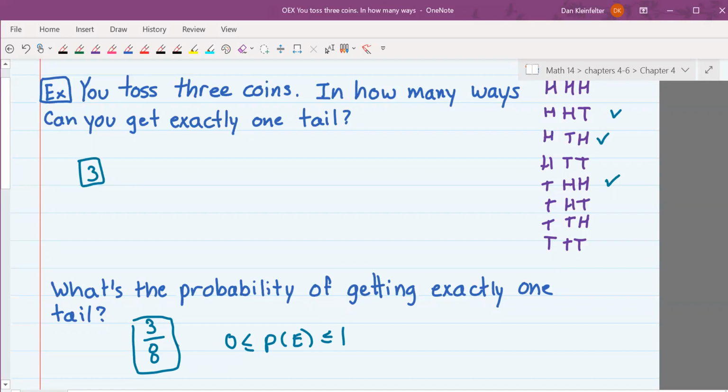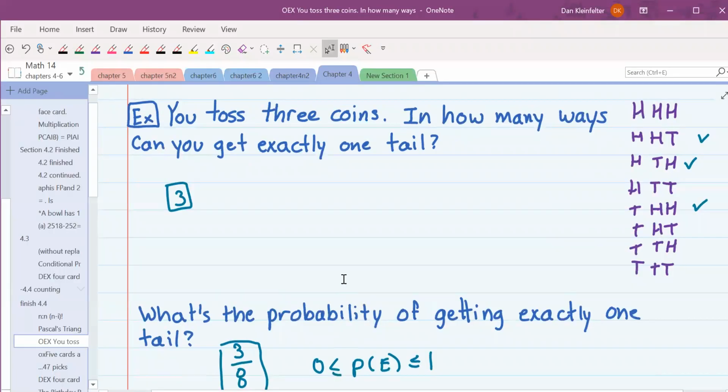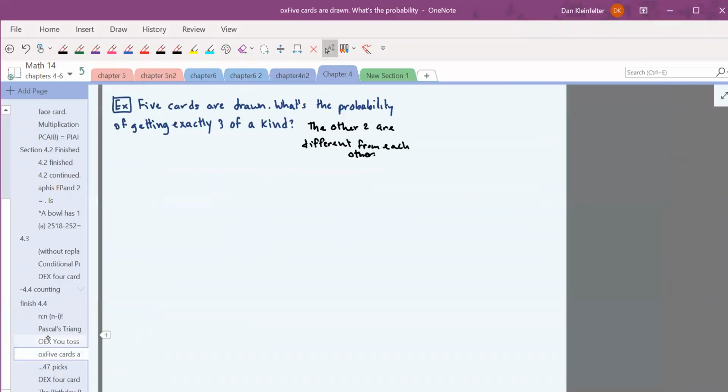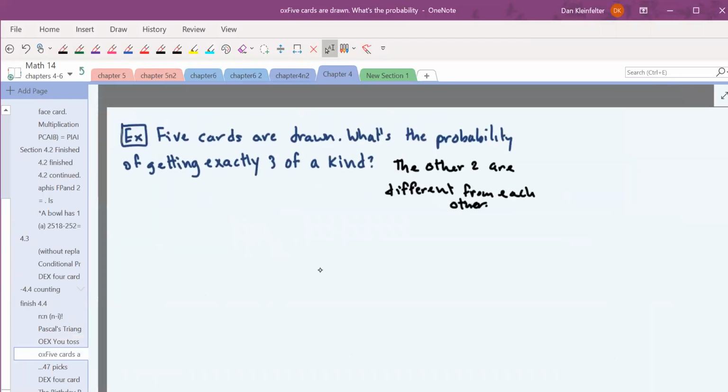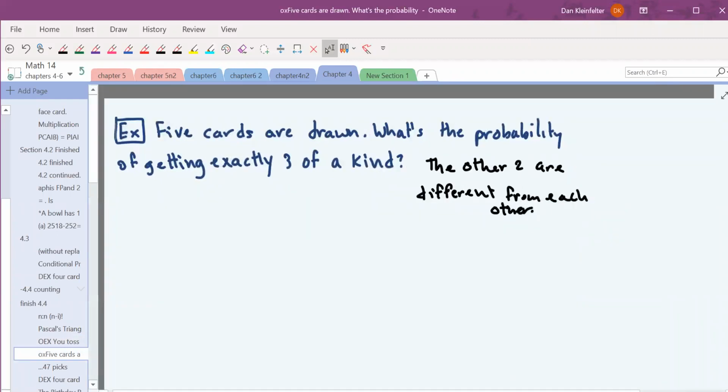The probability is just an expression of the chance or likelihood that that event happens. So make sure that you pay attention to the directions on the question. Are you asked for the number of ways something can occur, or are you being asked for the probability of something in particular occurring?